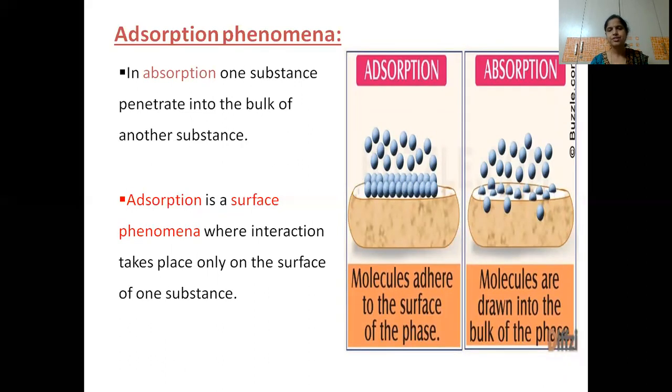They are not penetrating into the substance. Then in the latter case, that is absorption, you can see the molecules penetrating into the substance. The molecules are drawn into the bulk of the substance. So that is the difference between absorption and adsorption. In chromatography, it is mainly the adsorption technique that is seen.